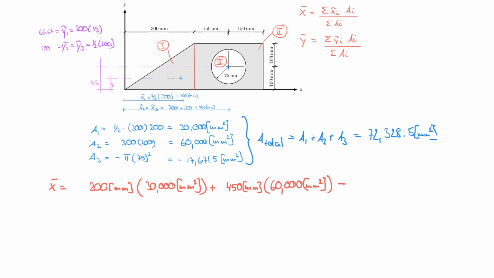and the lever arm, if you want to call it that way, or the distance. So I'm going to subtract the entire thing, which was equal to 450 millimeters. And the area in this case was 17,671.5 millimeters square.